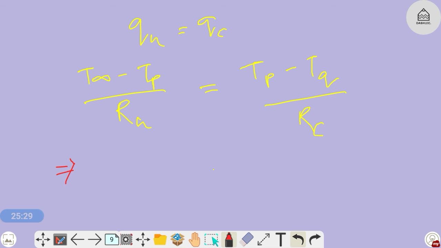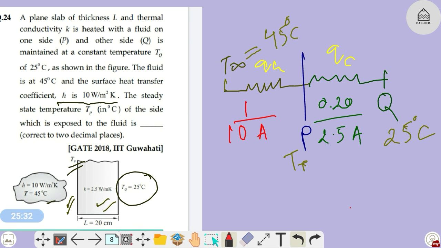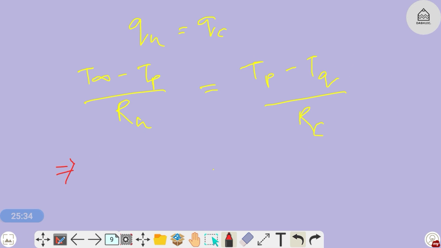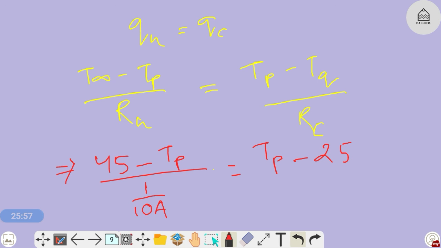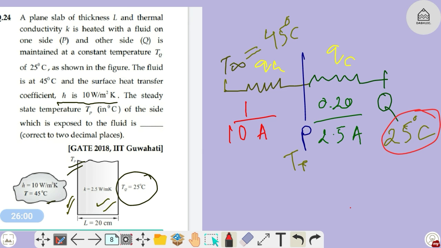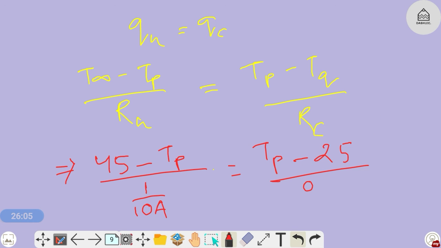T infinity is given, that is 45. TP we need to find out. RH is 1 by 10A, is equal to TP minus TQ, 25, divided by RC, this one, 0.20 divided by 22.5A.